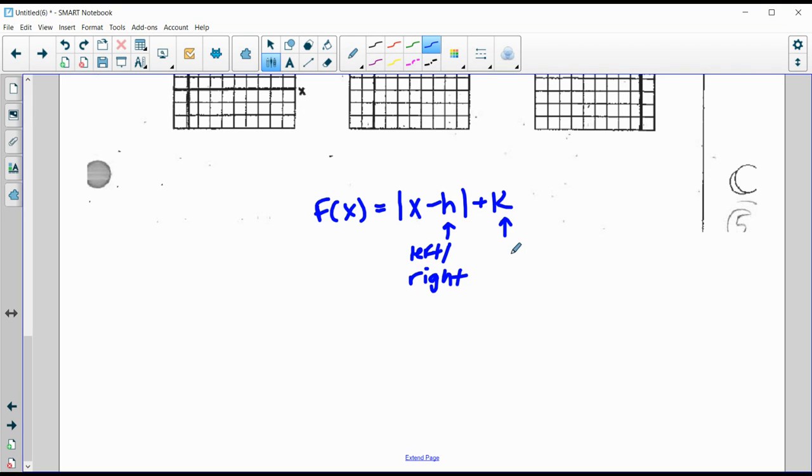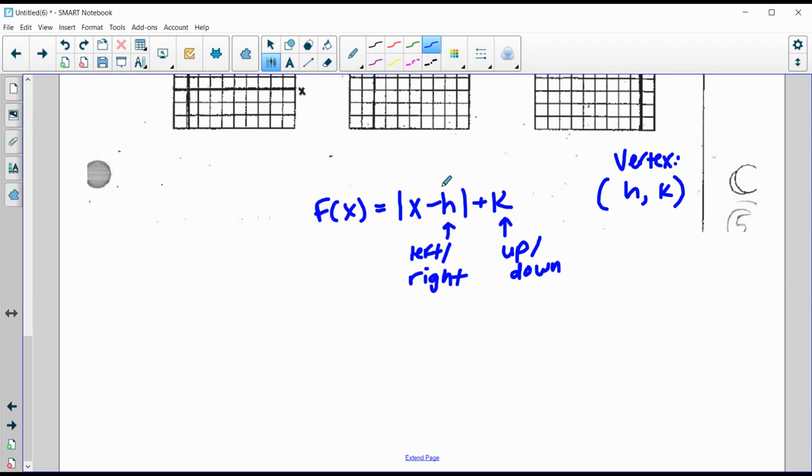K, the number outside the absolute value, controls translating up or translating down. And to get the vertex of the absolute value function, we're always going to make it h comma k. So the vertex is h comma k.